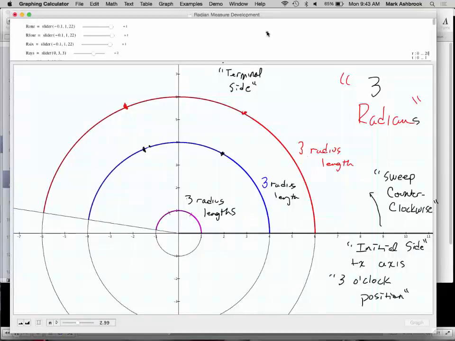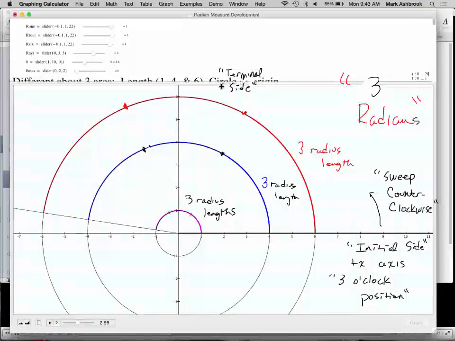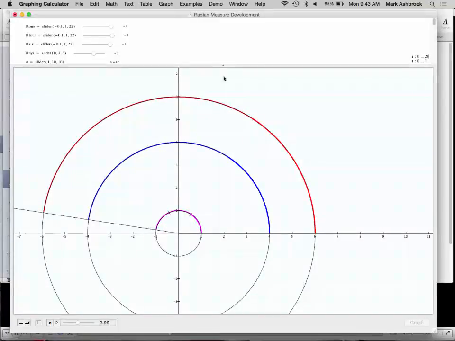Okay, so I want you to make a little chart here. So I'm just going to take that off. All right. So now for this situation, you've got purple, blue, and red. And we're going to make a little table here.